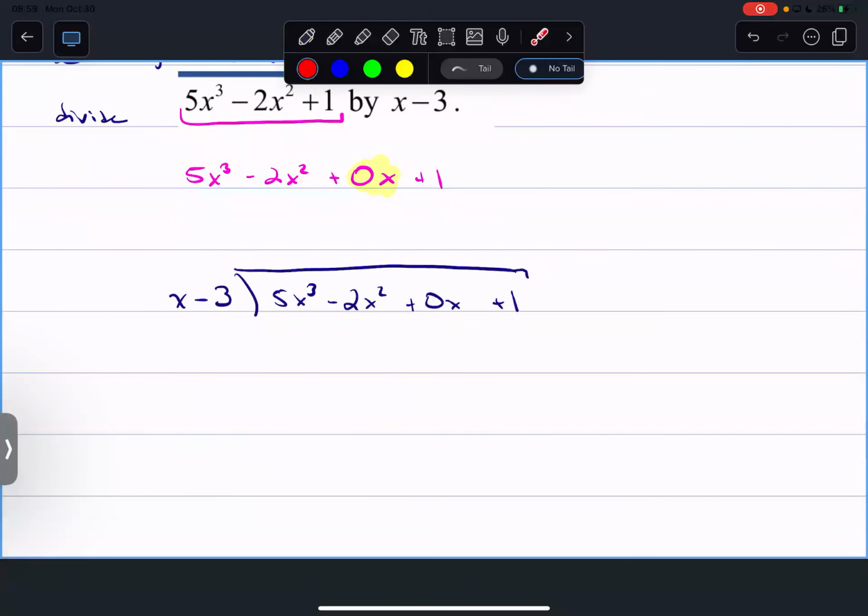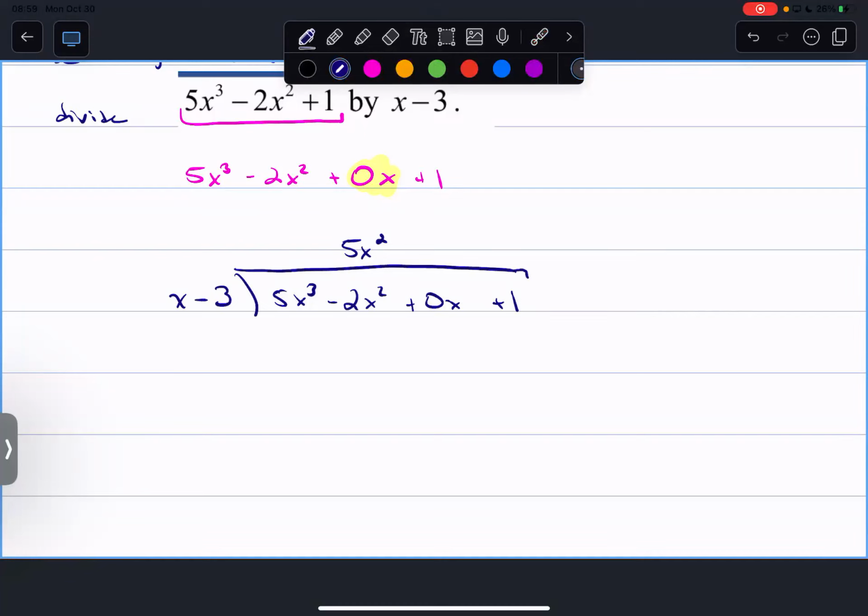Okay. I'm not going to write out the steps this time because you have them already and they're going to be the same. But what do we have to do? 5x to the 3 divided by x puts me at 5x squared, stacking it on top of my x squared column. Now I have to take 5x squared times x minus 3.